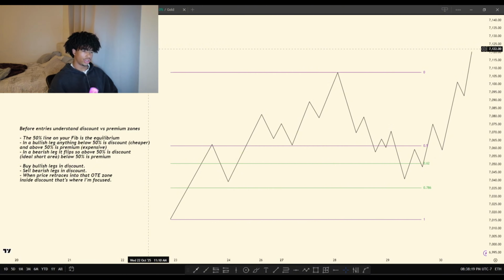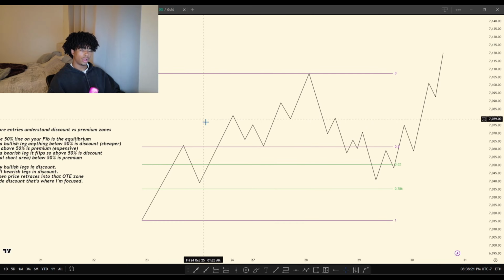What do I mean by that? I'll show you some examples on the live chart, but just to talk about it really quick, you can have an example where there's a 4-hour change in the state aligned with OTE of the range.